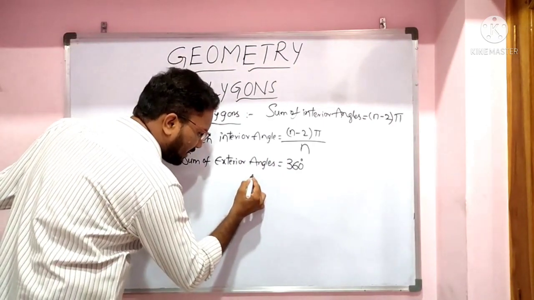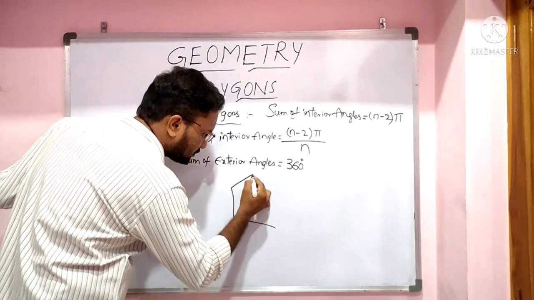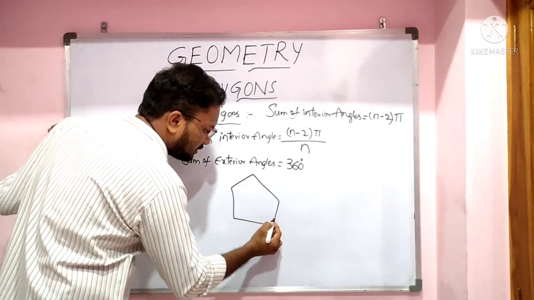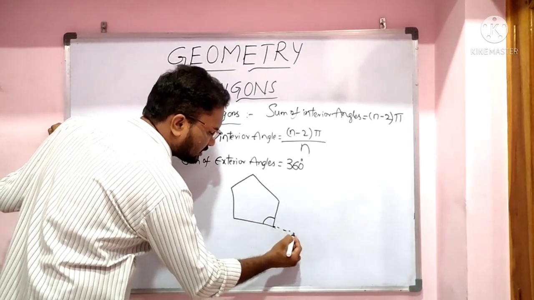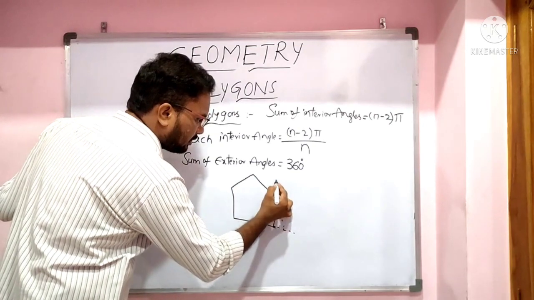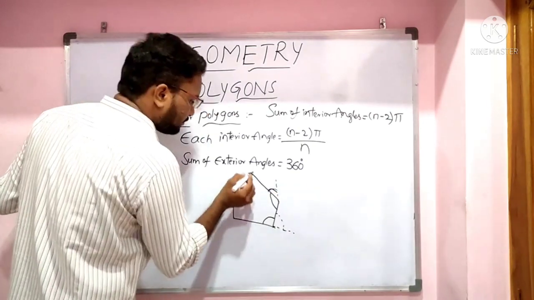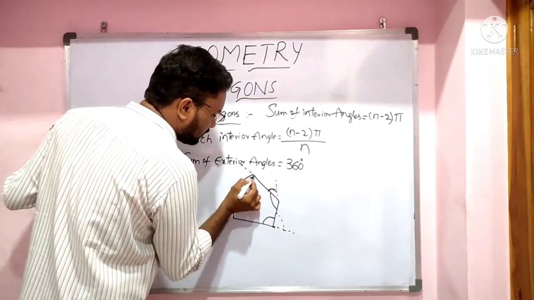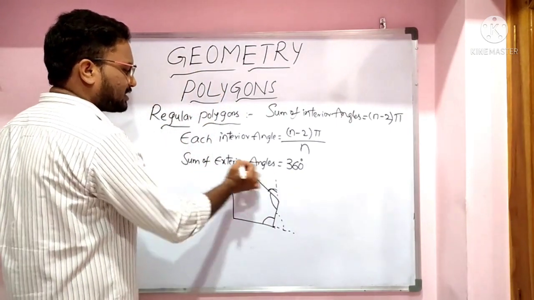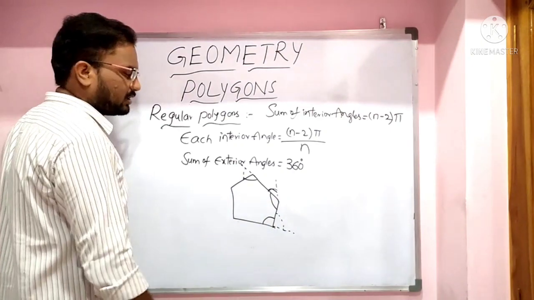If I take a pentagon, this is the interior angle and this is the exterior angle, and here this is the interior angle and this is the exterior angle. So the sum of all exterior angles equals 360 degrees.